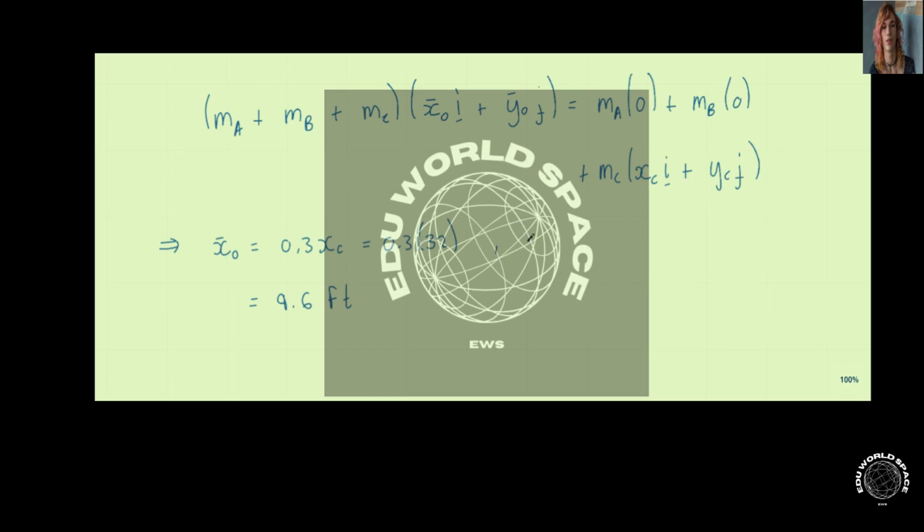And similarly, the initial y component of the position of the center of mass is 0.3 times yc. So all we've done here is equate like components on either side of the equation. And this is 0.3 multiplied by 10, which gives us 3 feet. So we have the initial position of our mass center.